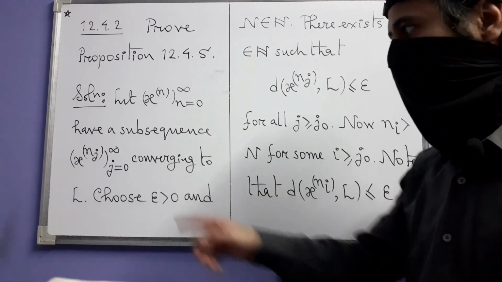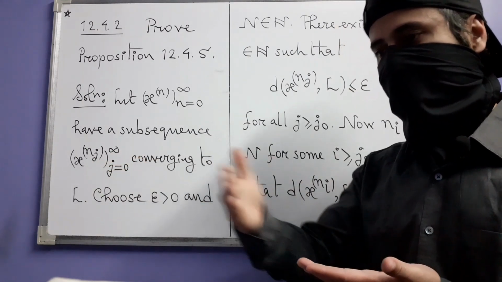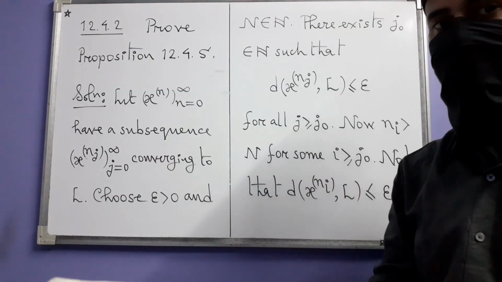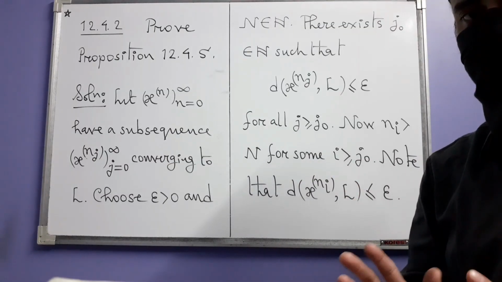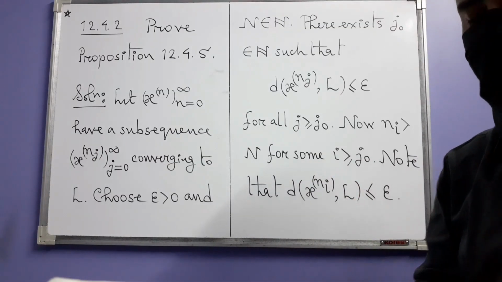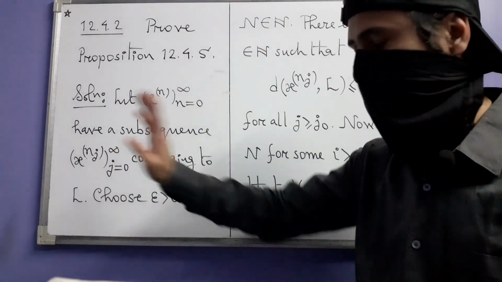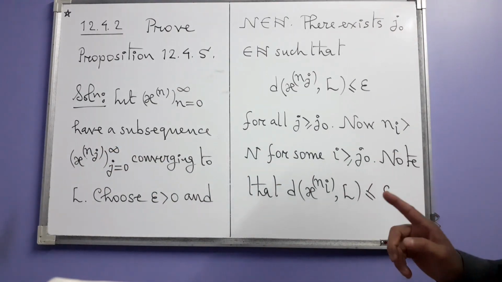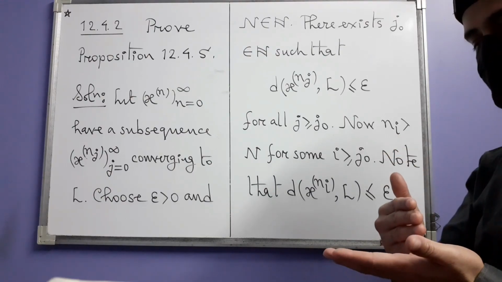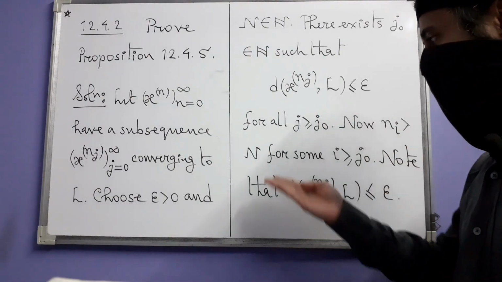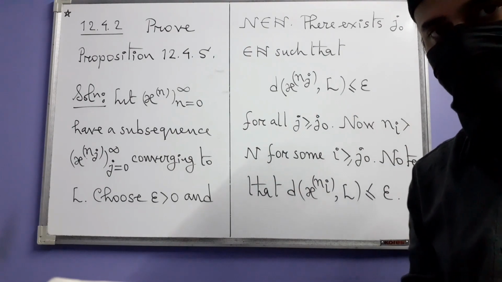And that is why this is a strictly increasing sequence and so has no upper bound in the set of real numbers. In particular, this capital N is also not an upper bound for these n_j's. So there will be at least one i such that n_i exceeds N. It becomes greater than N.